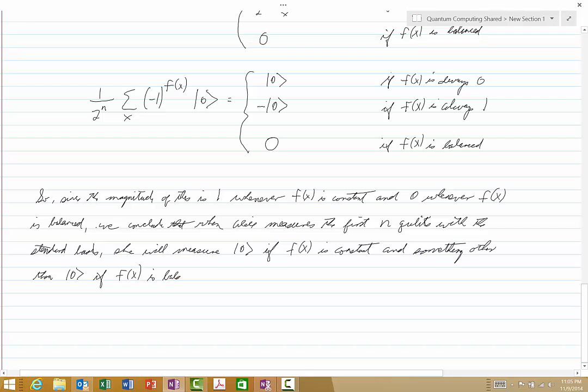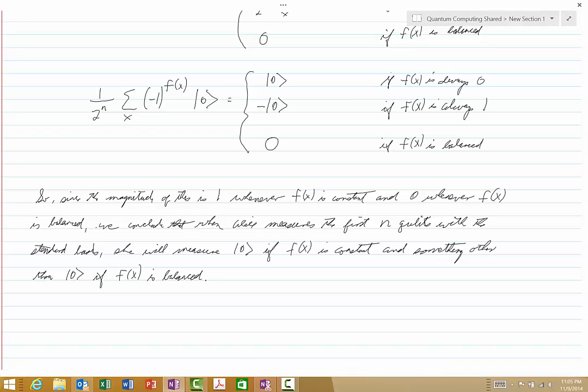So all she has to do is make that measurement, and if she gets 0, the 0 cat, and by 0 I mean all n qubits are 0, then she knows that f of x is constant. Now, she doesn't know what constant it's equal to. She doesn't know if it's 0 or 1, but that wasn't the goal. She just wants to know if it's constant or balanced.